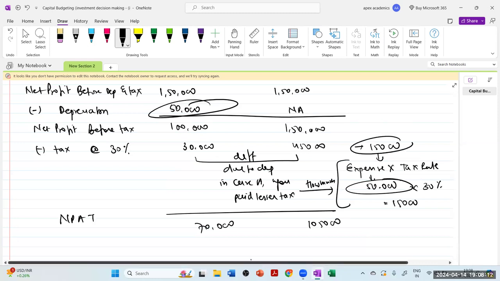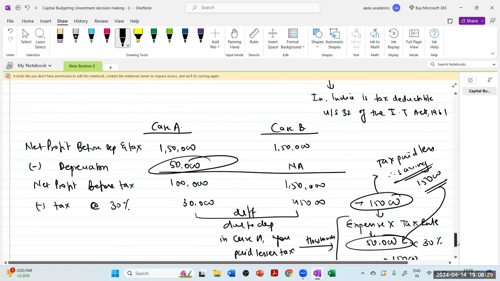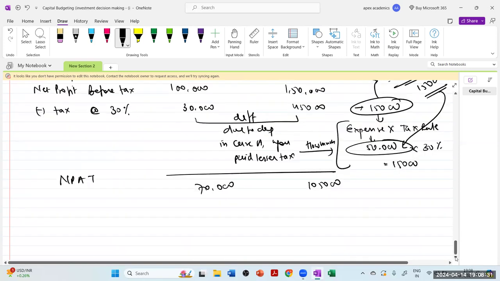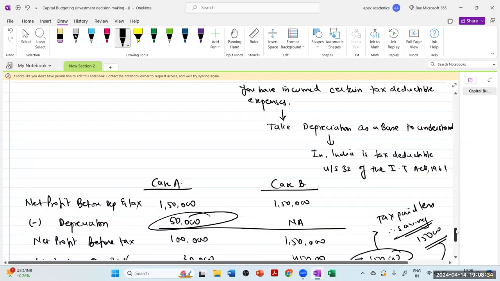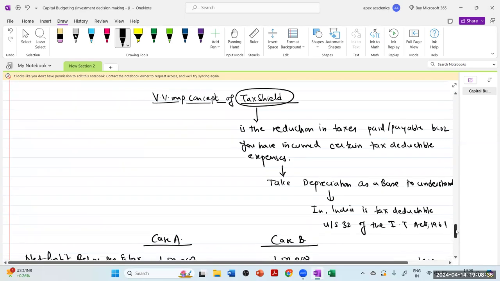So this 15,000 is tax paid less. Therefore, it is a saving of how much? 15,000. How did 15,000 come? Expense multiplied by tax rate. I hope everybody understands this concept. Now, the fact that you have such an expense is called a tax shield.